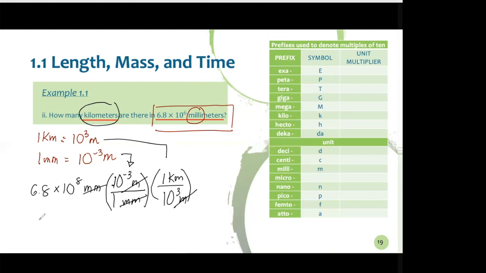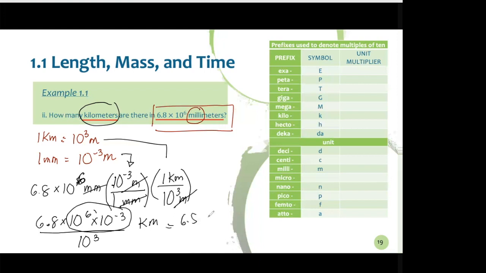Now I want you to observe. This will actually be 6.8 times 10 to the 6 times 10 to the negative 3 divided by 10 to the 3 kilometers. Now, guys, what is the answer if you multiply this? 10 to the what? 6 and negative 3.